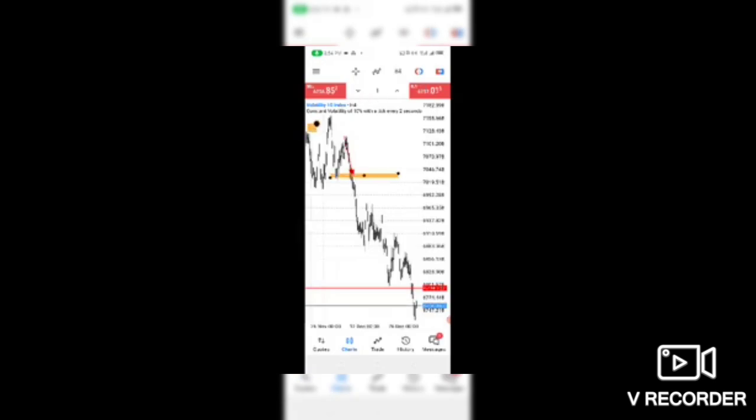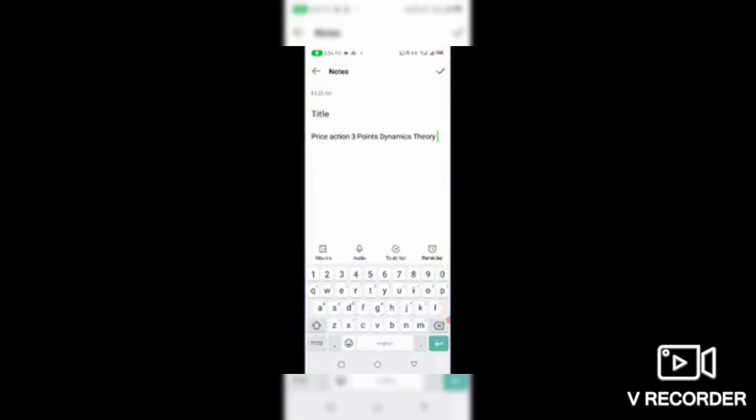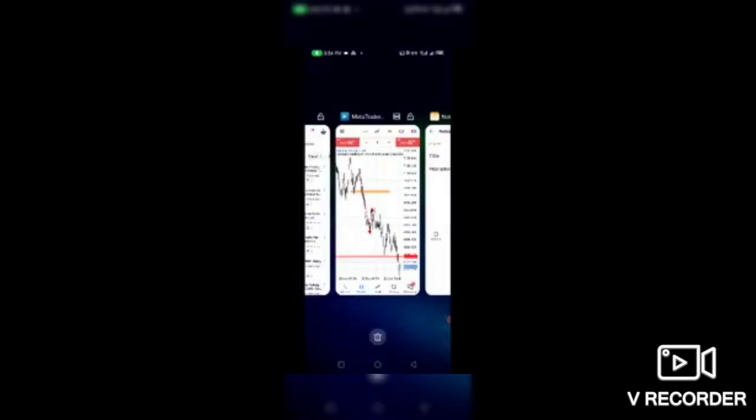Okay, and so we have this movement that originated from here and ended here, because it was when it reached here that it retraced. So, if you go back to the notes, we are talking about the 3 points dynamics theory.